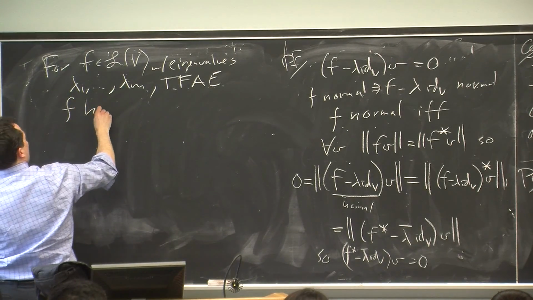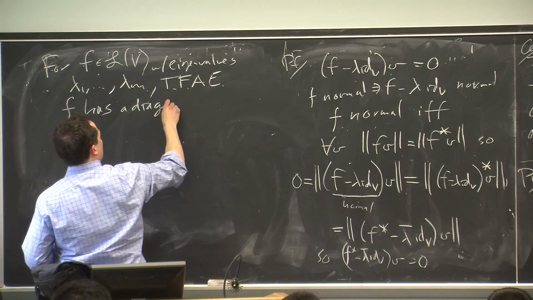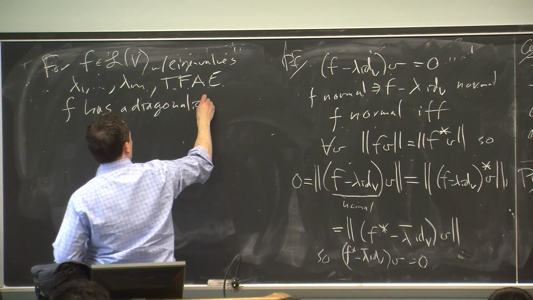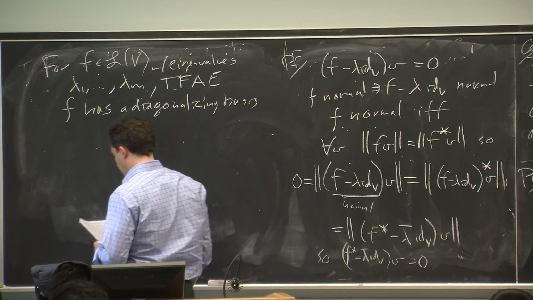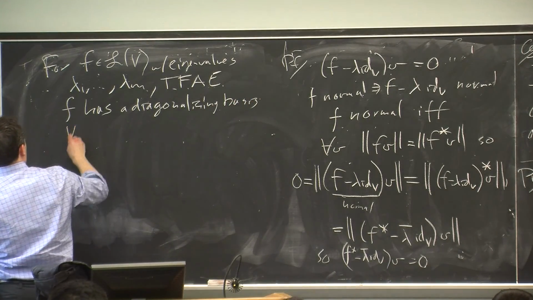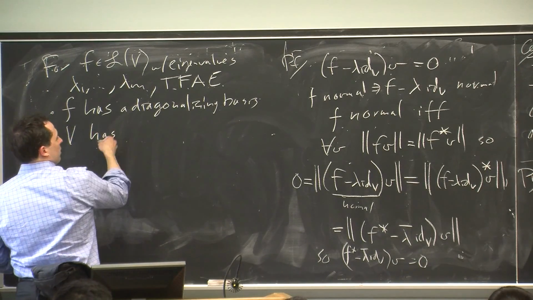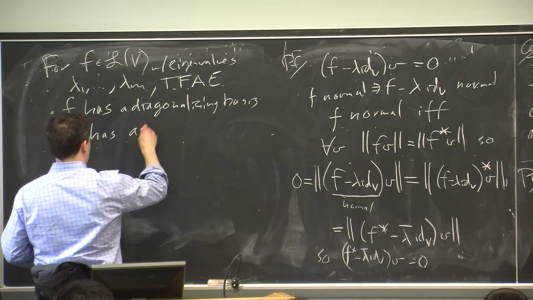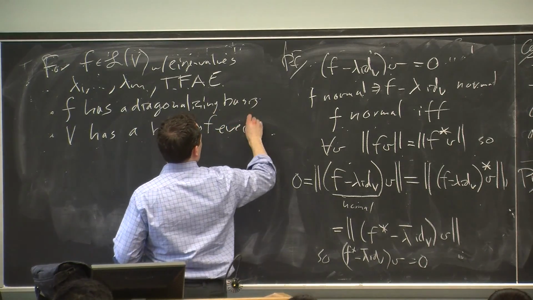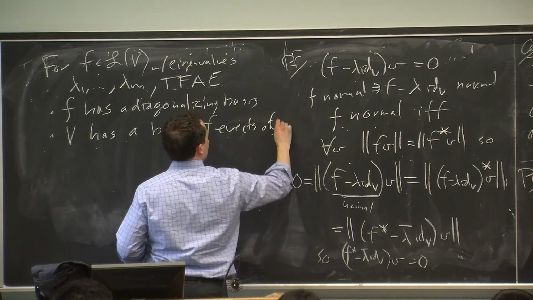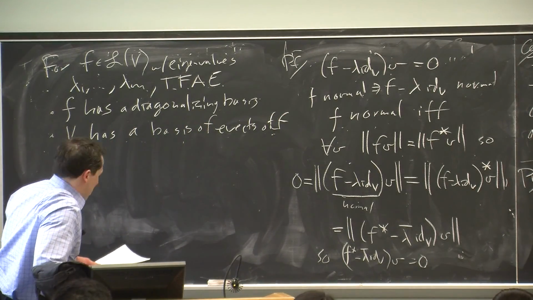F is diagonal in some basis. F has a diagonalizing basis. V, this is saying the same thing, has a basis of eigenvectors of F, because then F will just be scalar multiplication in each of these invariant one-dimensional subspaces.